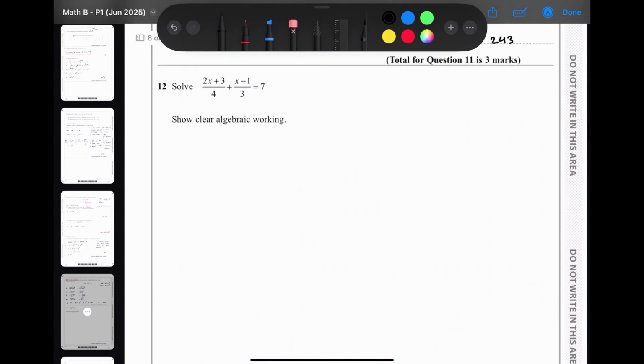Moving on to question 12. We can see this is an algebraic mixed fraction, where we need to find the value of x. We will reciprocate and multiply the numerator with the opposite denominator to LCM and simplify the left-hand side. Additionally, we will open up the brackets and simplify even more.